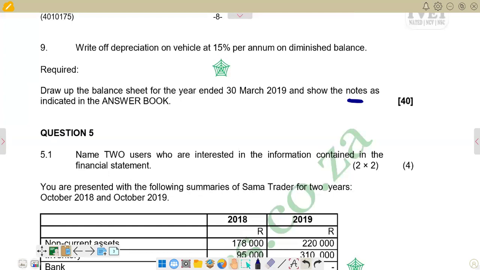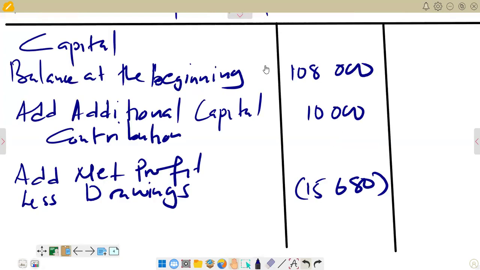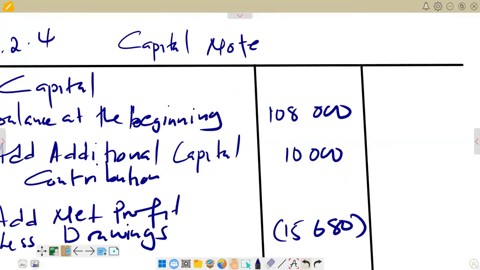But if you look there in the answer section, you'll see that the figure for final capital in the answer book is given as pre-entered. The figure for our final capital is given as pre-entered, 181,283.